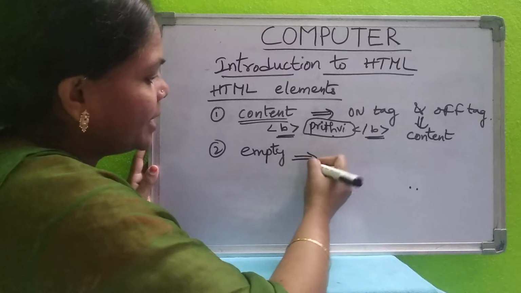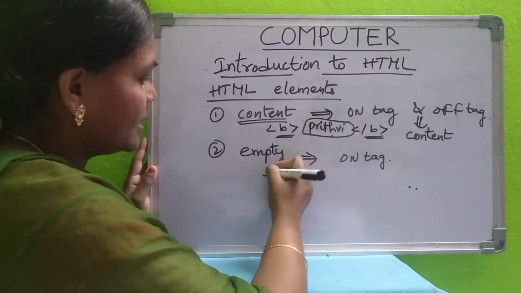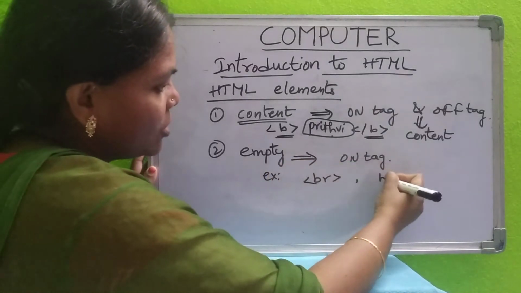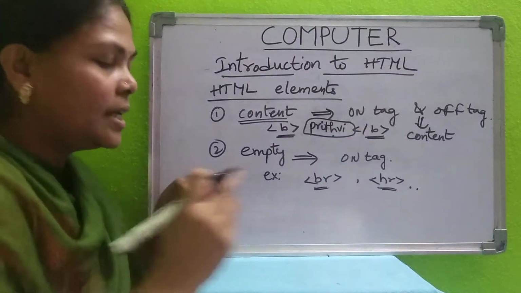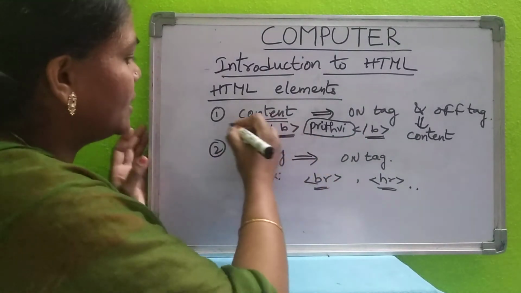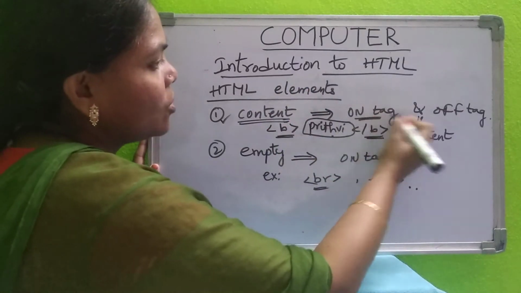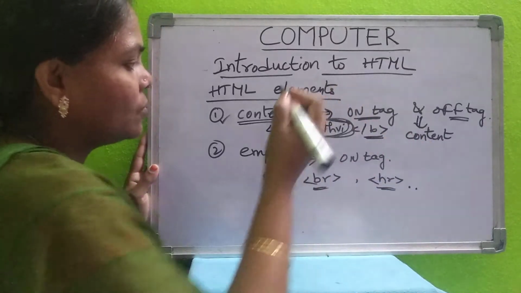For an empty element, there is only an on tag, there is no off tag. Examples are the break element and the horizontal rule, HR element. About these two, we will learn in the next part. First we will learn the content elements. What are the content elements? They should contain an on tag and an off tag. In the middle, it contains the content, whatever you want to write.